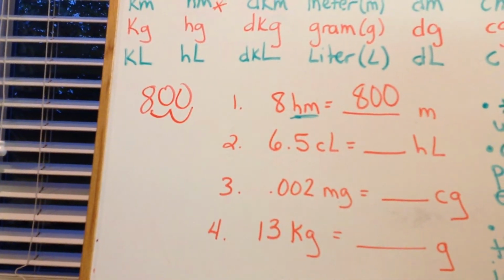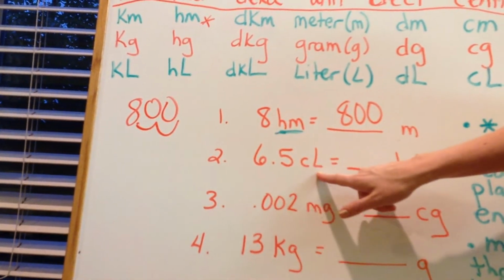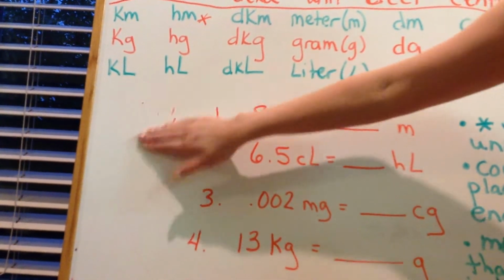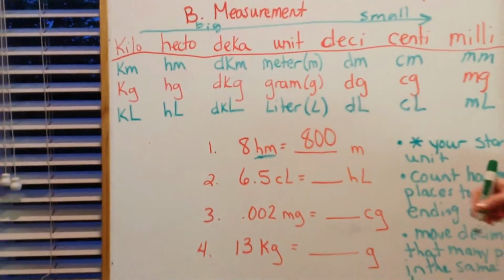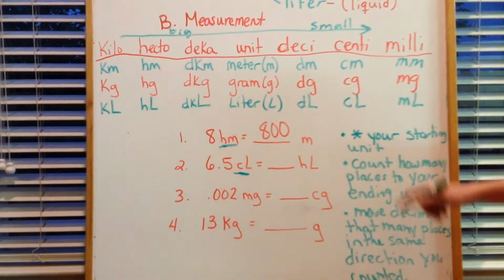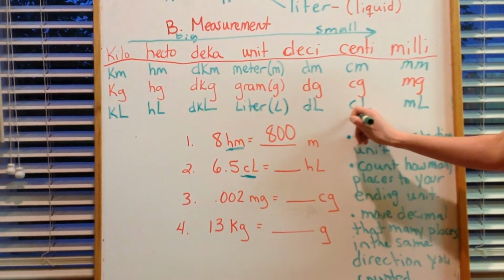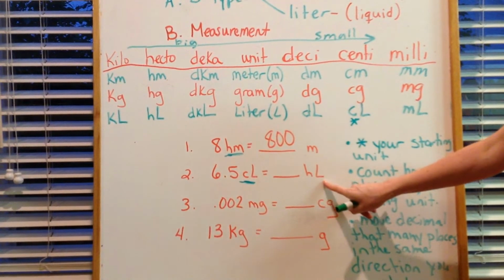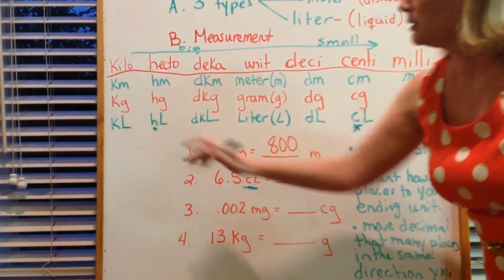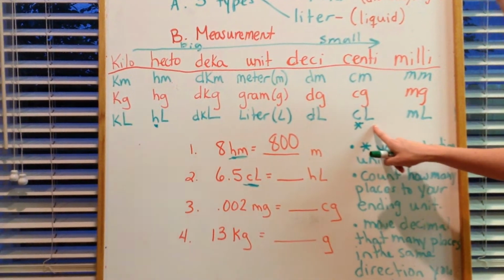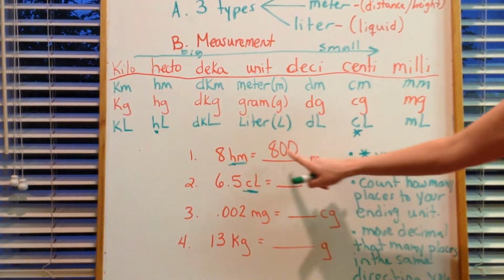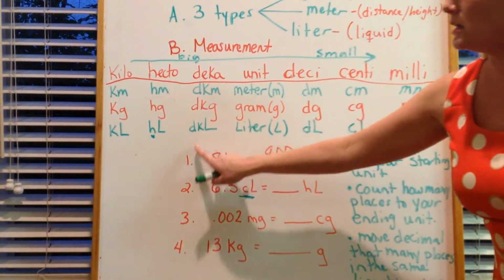So now let's try it again. But this time we're going to do 6.5 kiloliters. So our first step is we're going to star our starting unit, which would be kiloliters. My kiloliters are over here. And I want to turn it into hectoliters, which is way over here. So now I need to count how many places. Don't count where you start. You're going to count your steps. So we're going to count 1, 2, 3, 4.